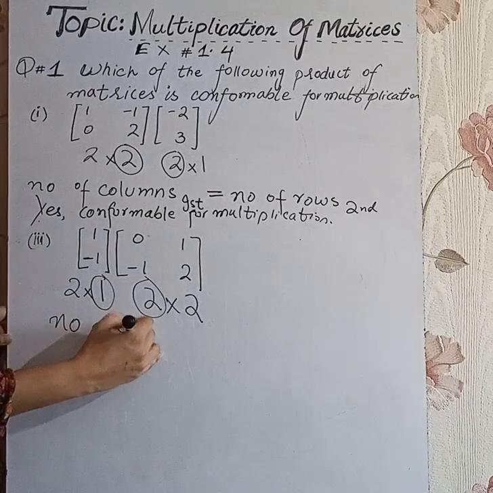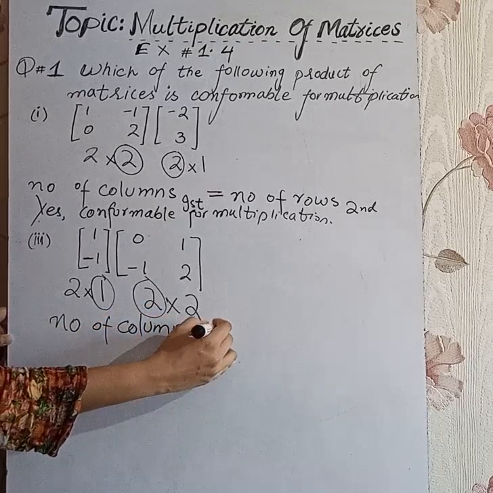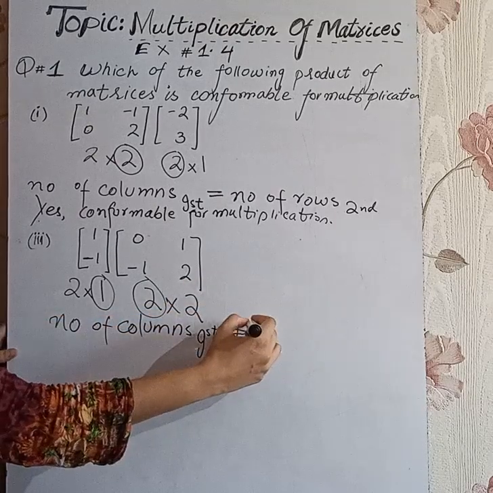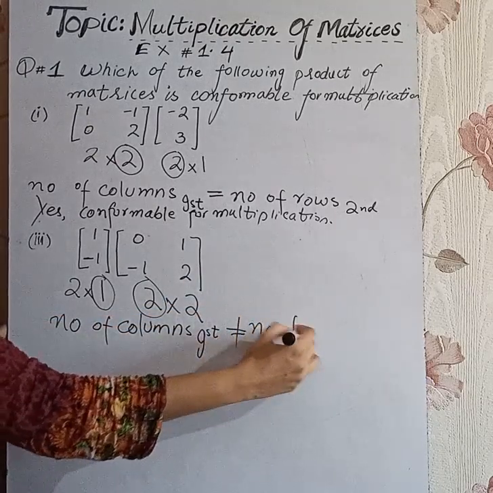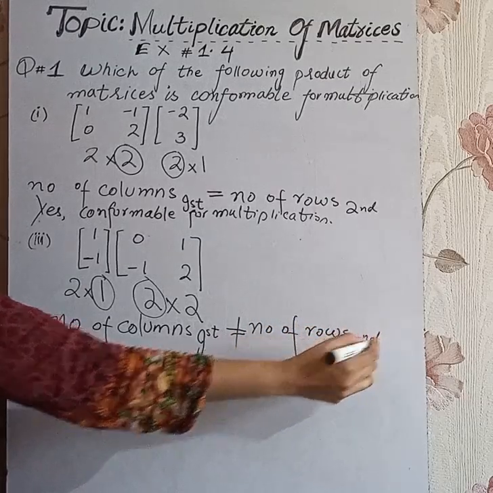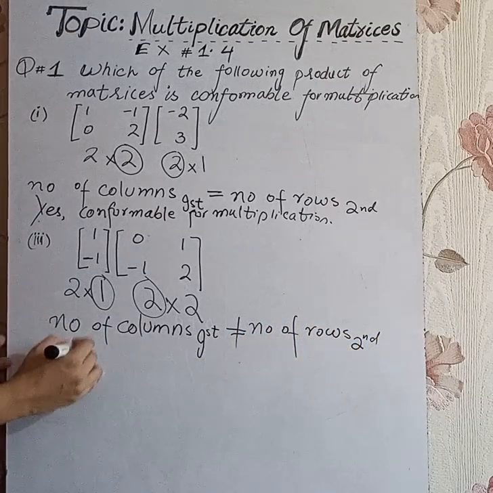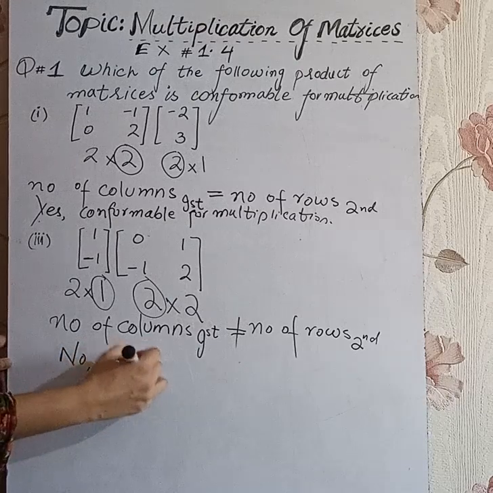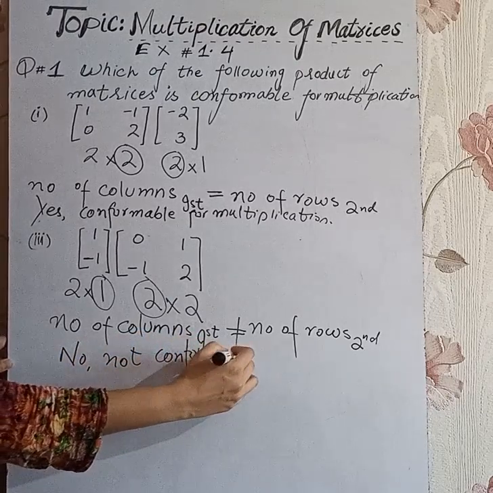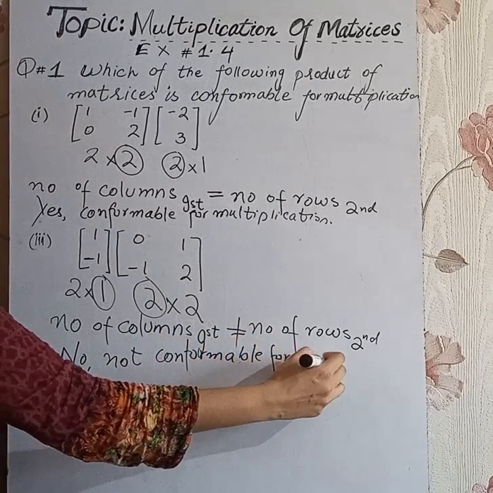The number of columns of the first matrix is not equal to the number of rows of the second matrix. So we will write over here, no, they are not conformable for multiplication.